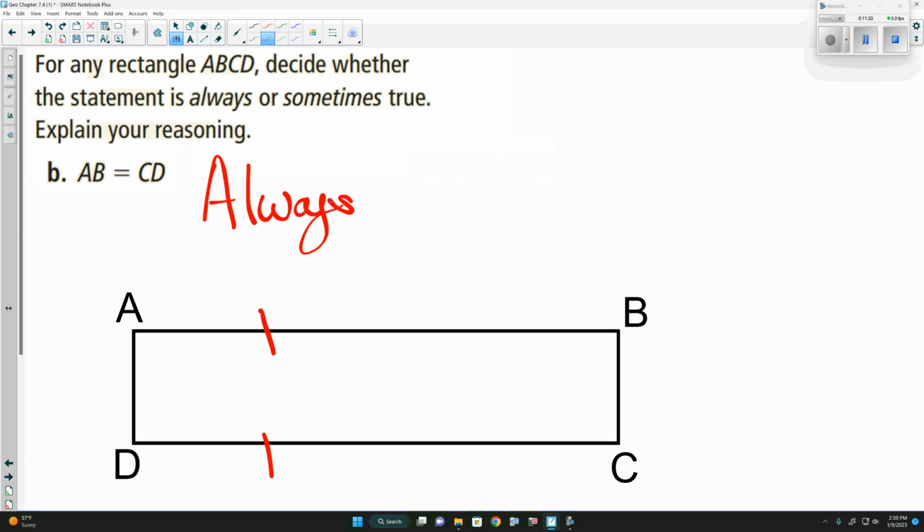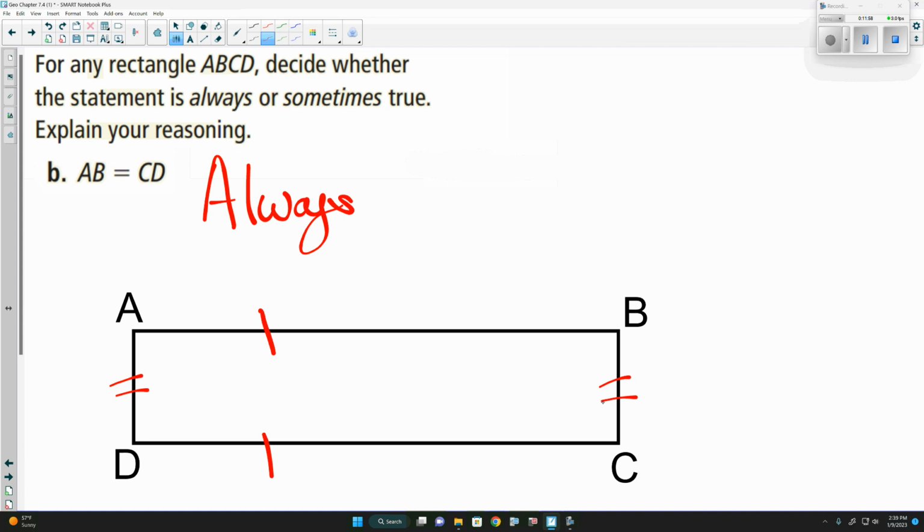That's just a property of parallelograms. If all four sides are congruent, not necessarily, because we know the opposite angles are congruent, but we can't say they're all the same. If they are all the same, then it's a square.